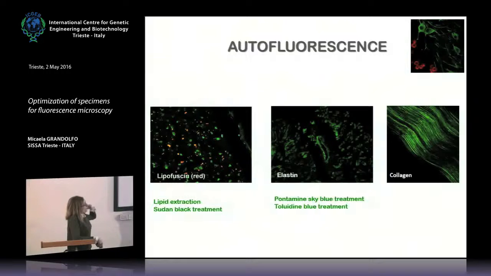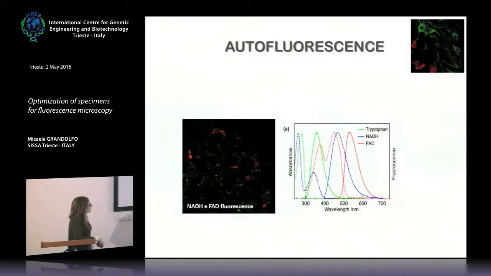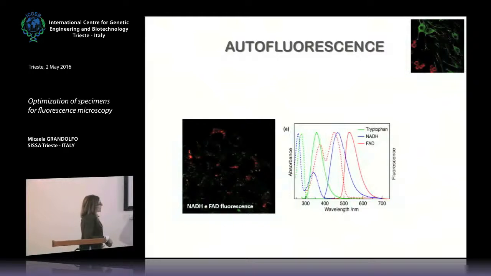I just want to underline that you can find these fluorescent molecules in your tissue, and it is important to recognize them and to know that you are not looking at your antigen, but at some fluorescent molecules present in the tissue. You can also find NADH or FAD. In this case, NADH emits in the green-blue region of the spectrum, and FAD in the yellow-red region of the spectrum. Okay?